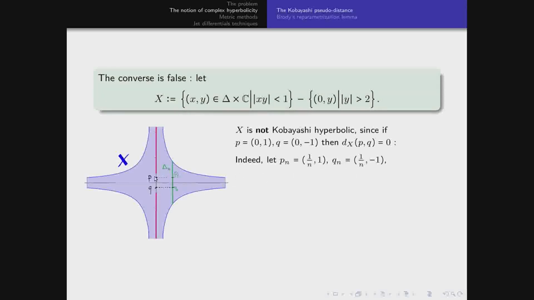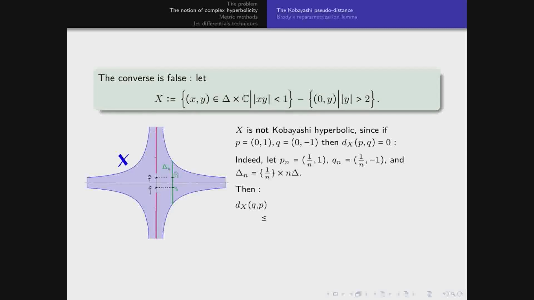You put the same y coordinate for P_n and P, and similarly for Q_n and Q, and you take for x coordinate 1 over n. And these two sequences are points inside some disk, delta_n, which is given here. And as n goes to infinity, P_n tends towards P, Q_n tends towards Q, and this delta_n becomes increasingly large.